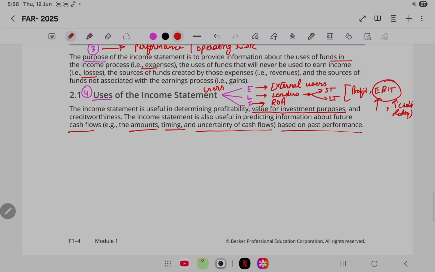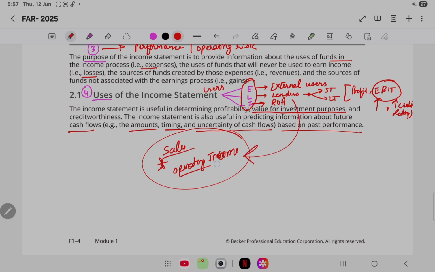So basically all the users, ELI, external, lenders, and internals, are all concerned with the risks in our income statement and the volatility in sales and operating income. All these three users check the risk in these two parts, whether they are volatile or not.